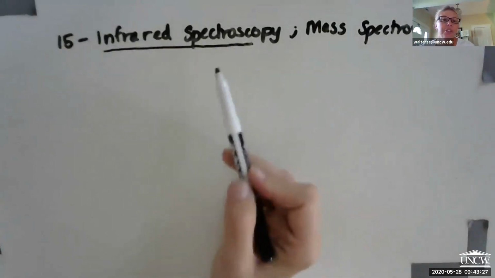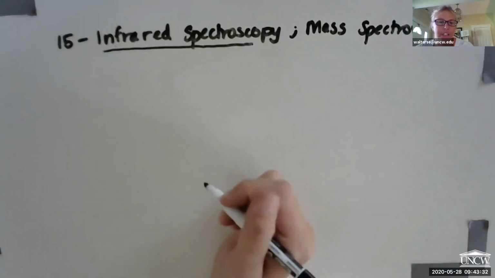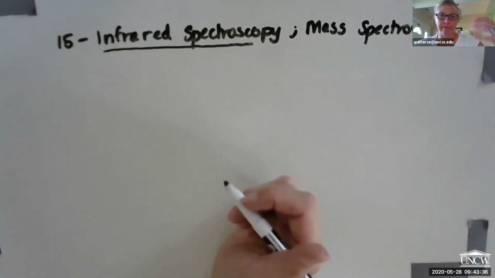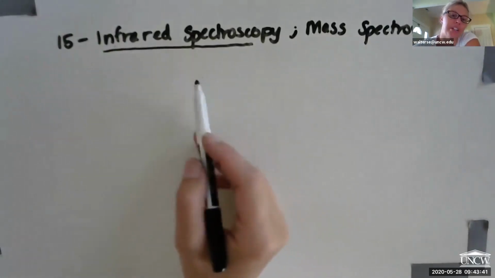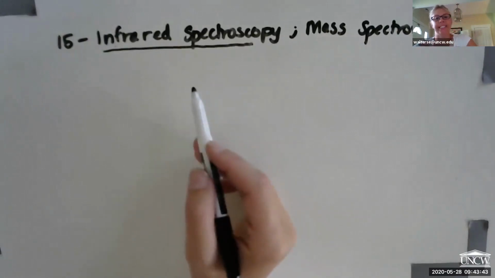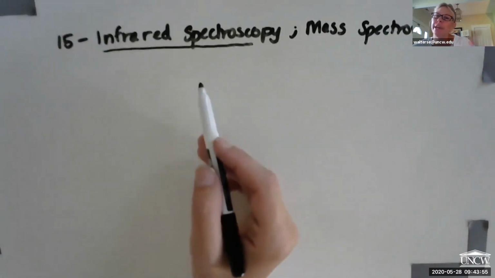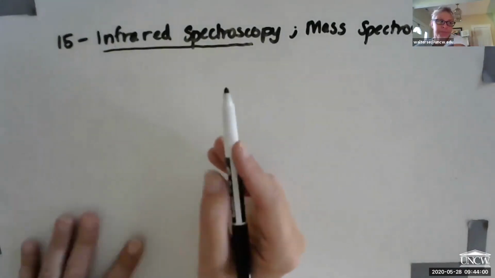The reason to do any type of spectrometry or spectroscopy is that you can't take a picture of a molecule with a camera. What you can do is use light to interact with the molecule and see what wavelengths of light are absorbed and which ones are transmitted, what happens to the bonds in the molecule. So you're getting a picture, but it's an indirect picture of the molecule.